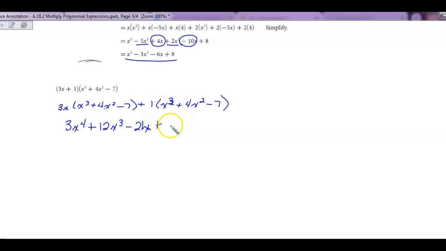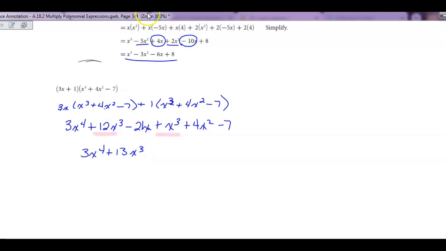Plus 1 times x to the third power is x cubed, 1 times 4x squared, and 1 times negative 7. Now let's see if we have any that we can combine. I have a 12x to the third power plus x to the third power, and that would give us 13x cubed.